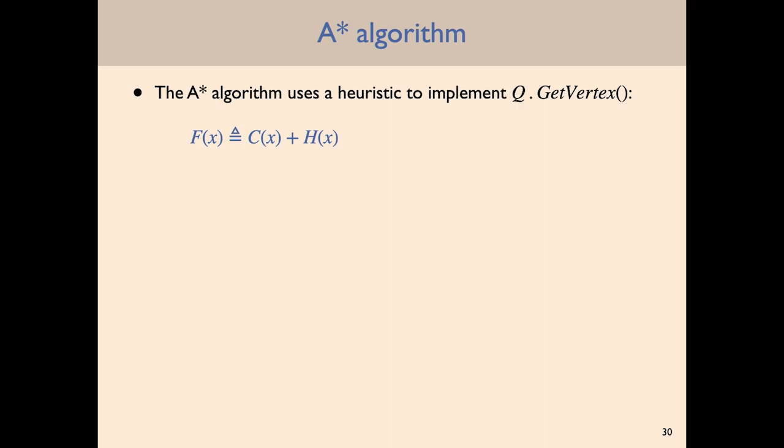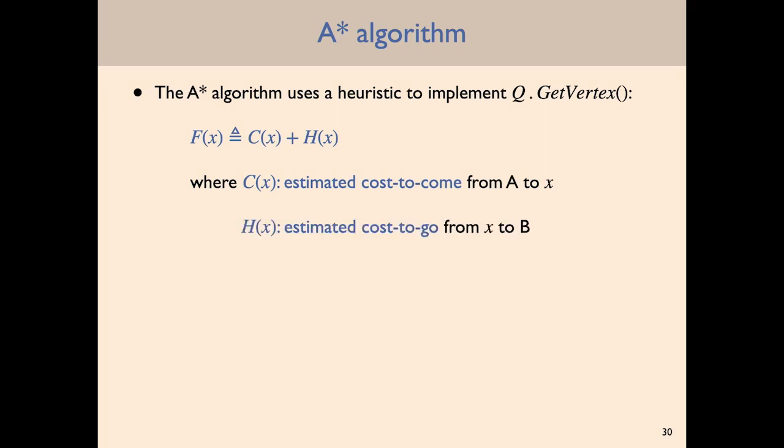So I guess h just stands for heuristic. C of x has the same meaning as it did with Dijkstra's algorithm, so it's the estimated cost to come from A to x. H of x is the estimated cost to go from x to the goal vertex B.